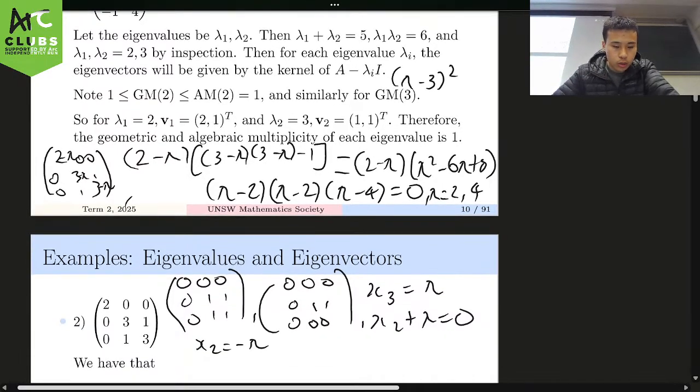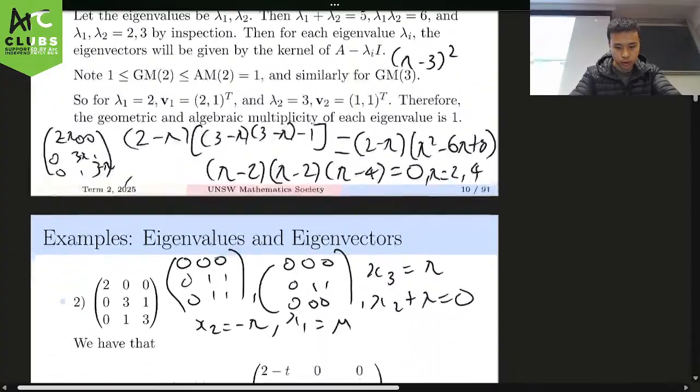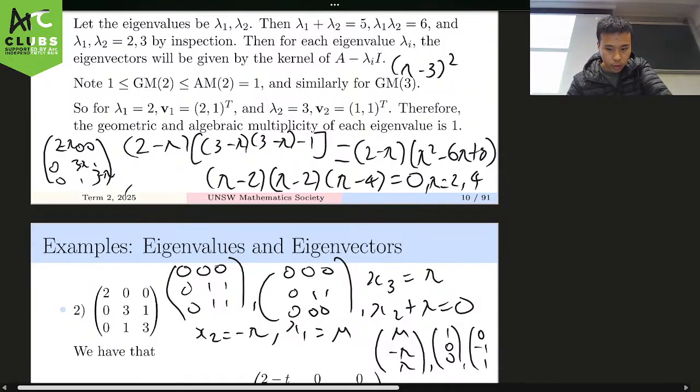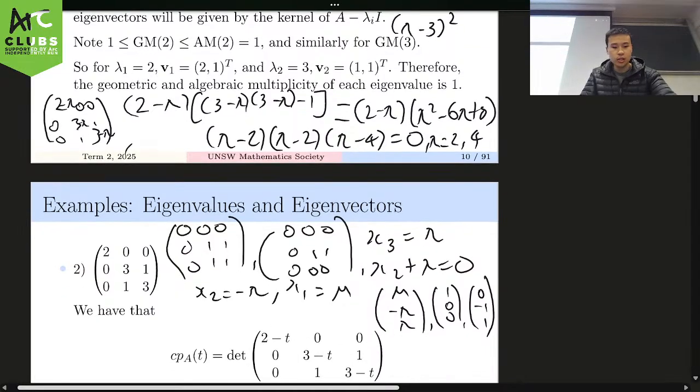We've got one leading column, so we have 2 free variables. Set x1 to some other variable, mu, so we have mu, minus lambda. Split it as 1, 0, 0 and then 0, minus 1, 1. That's essentially 2 eigenvectors associated with lambda equals 2.